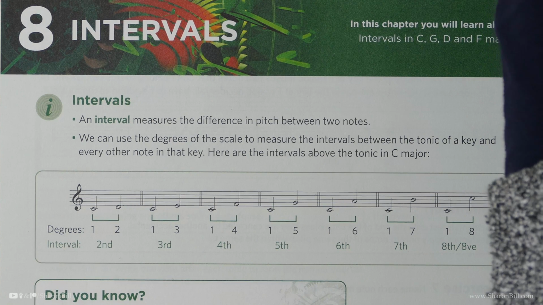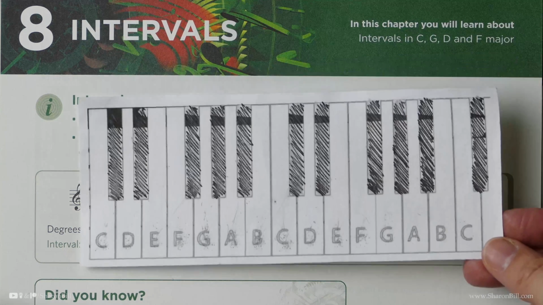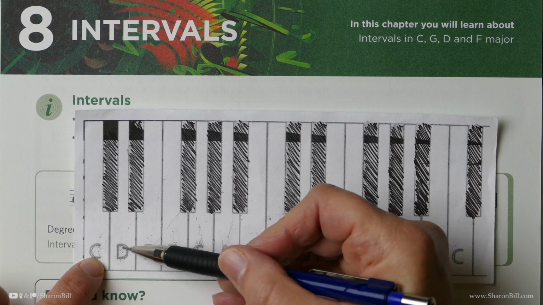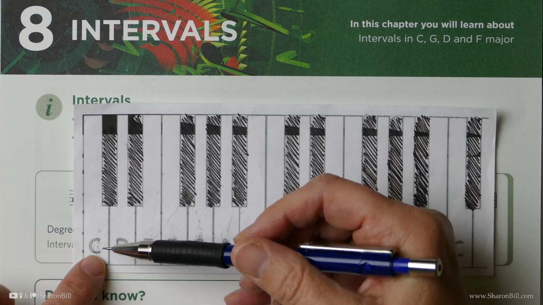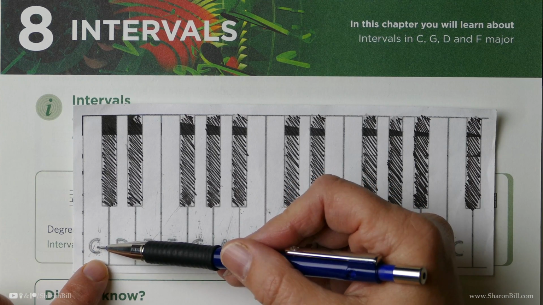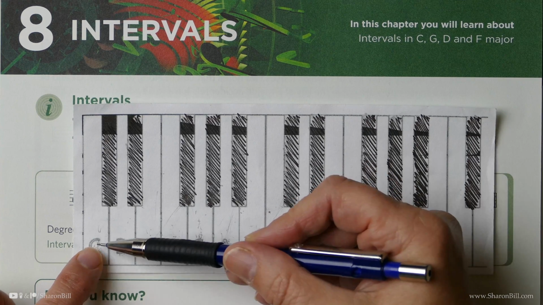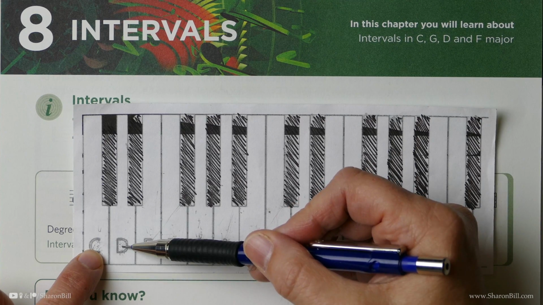And let's just look at that on the piano keyboard. So you can sketch yourself a quick piano keyboard out. And we can see that from C to D, we'd call that the interval of a second. So we go 1, 2, and the only way that you can go wrong is to forget to count the first degree of the scale and go 1, which would be incorrect. So we need to count 1, 2, from 1 to 2, C to D is a second.